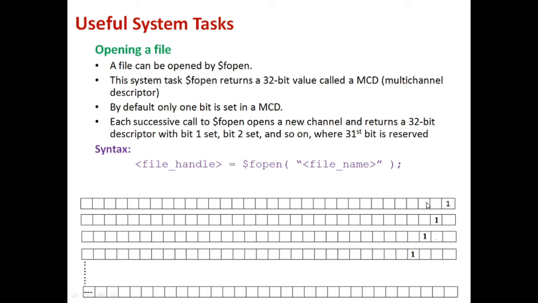So whenever $fopen is invoked, in the next stage channel 1 is set. If once again I have opened $fopen, channel 2 is set, next channel 3 is set. In this manner it goes on setting the bits or channels. And coming to here, the 31st bit is a reserved quantity, a reserved thing.